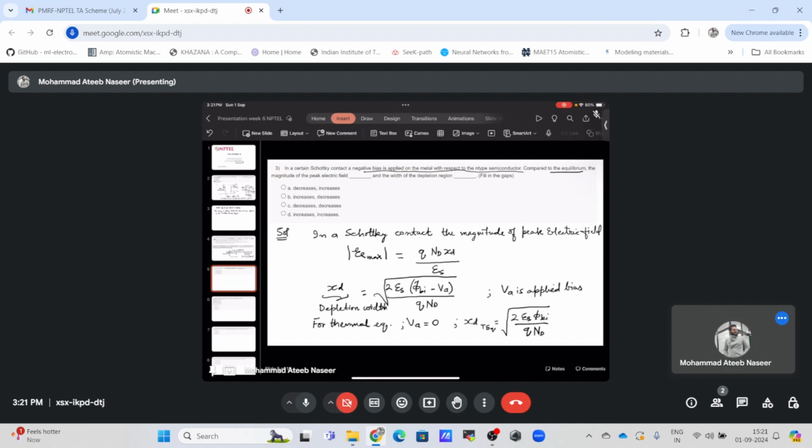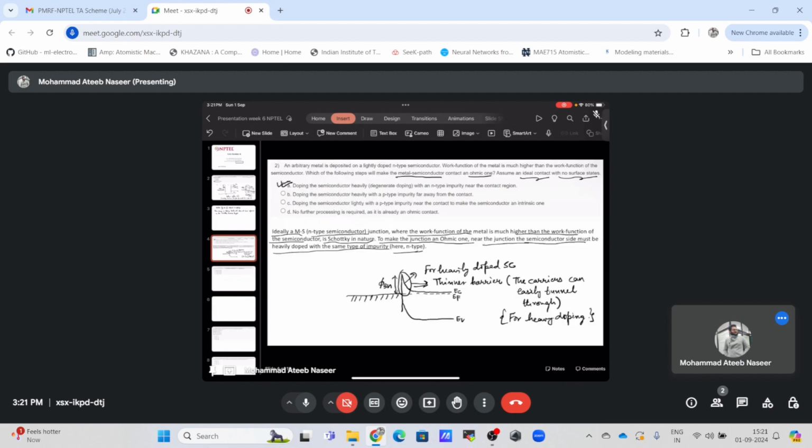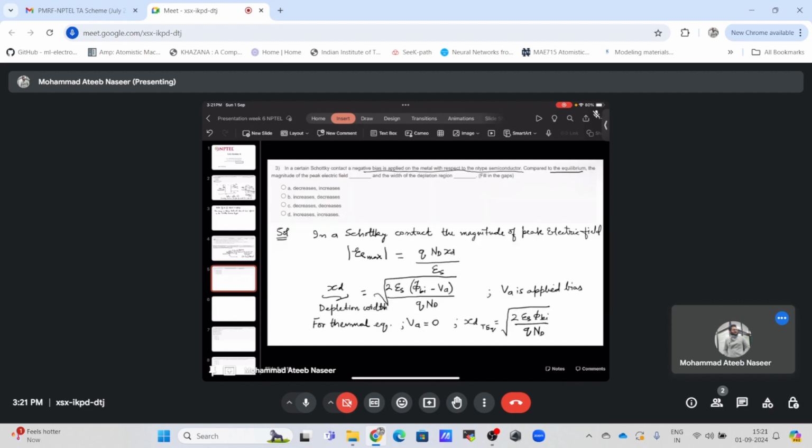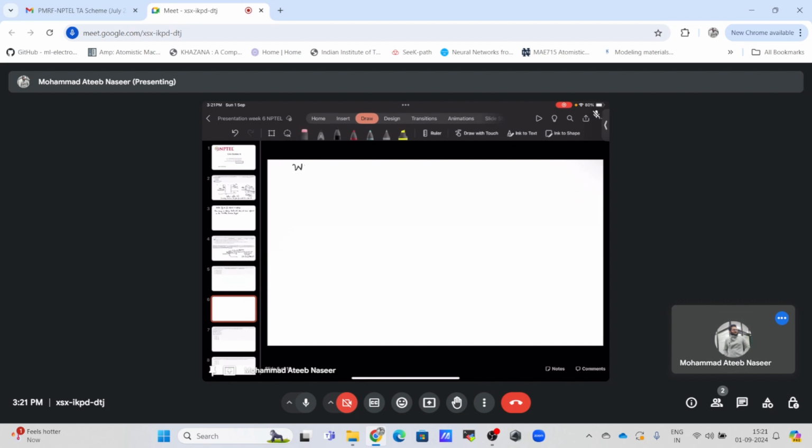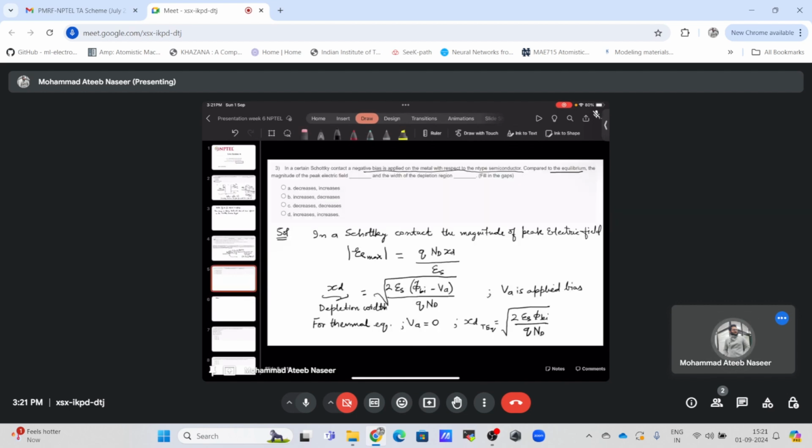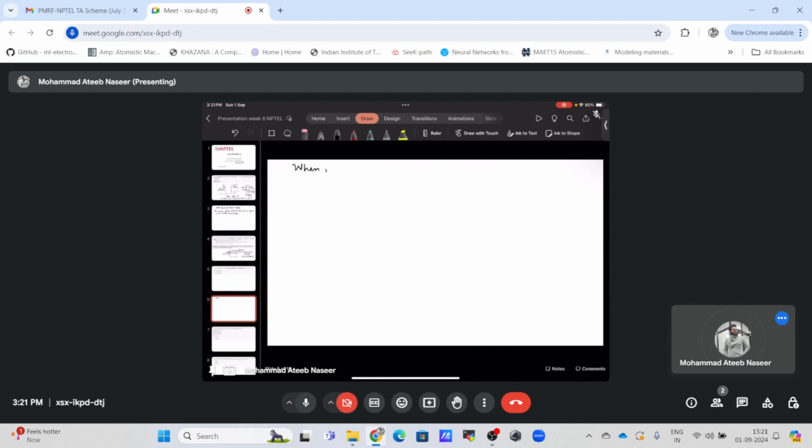Now, when negative bias is applied, that is VA is negative, let us write VA as minus VR, which is the reverse bias voltage.